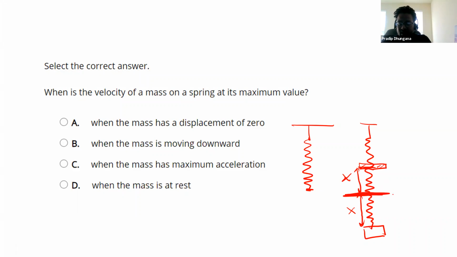At the equilibrium position here, net force is always equal to 0. At this position, x is equal to 0, we don't have displacement, net force is equal to 0, and velocity is maximum. And at points A and B, those are the extreme points. At those 2 points, velocity is 0.